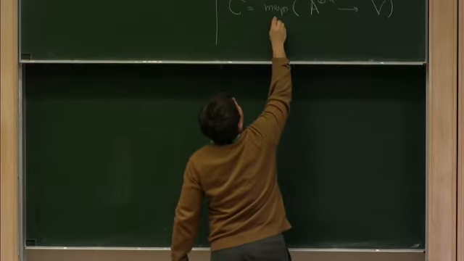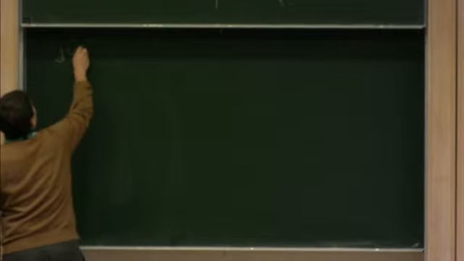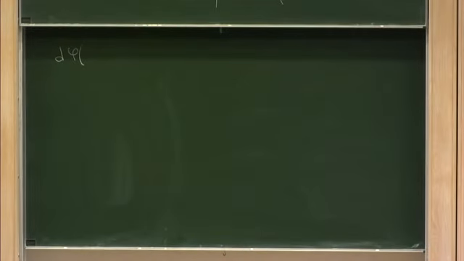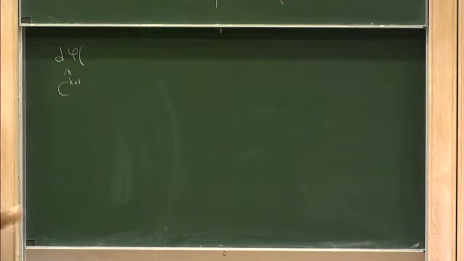So if I have such a map, let's call it, I don't know, phi, then d phi will be an element in C^(k+1), so it will have k+1 arguments.